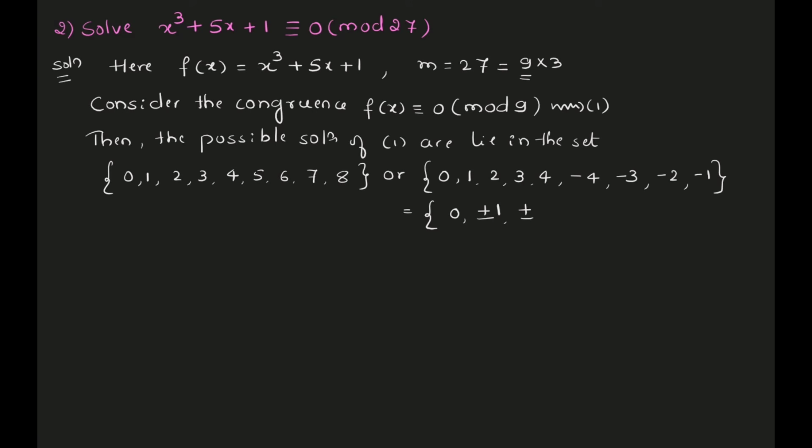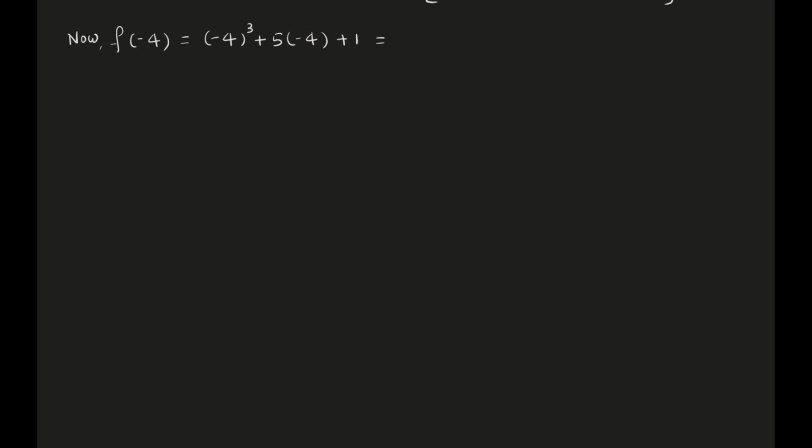These are the possible solutions. If a solution exists, it exists among these only. Now we'll check for the solution. Go on substituting the values x as 0, 1, 2, 3, 4, minus 1, minus 2, minus 3, minus 4, and check whether they give a solution or not. When you put minus 4, f of minus 4 is minus 83, which is not congruent to 0 mod 9.